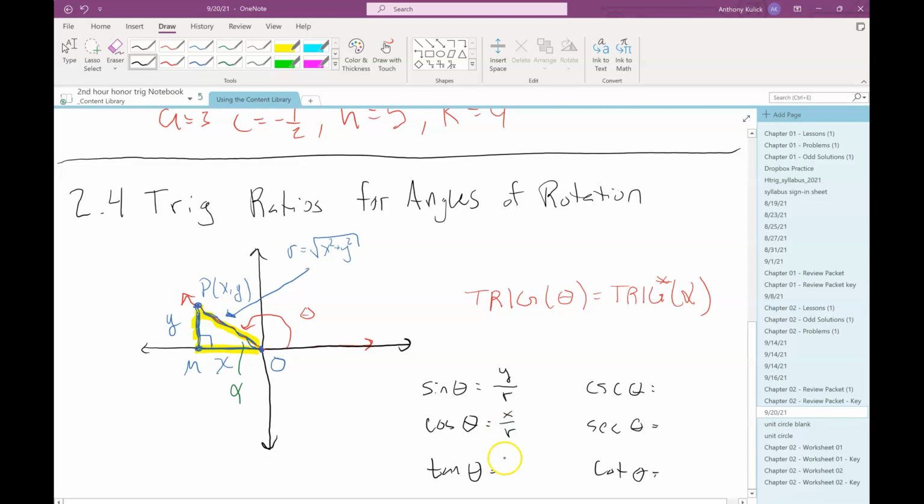Tangent is opposite over adjacent, so y over x. Cosecant is the reciprocal of sine, or hypotenuse over opposite. Secant is the reciprocal of cosine, or hypotenuse over adjacent. And cotangent is the reciprocal of tangent, or adjacent over opposite.